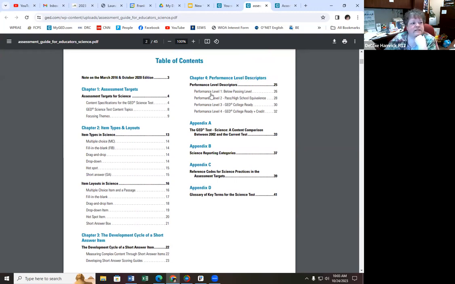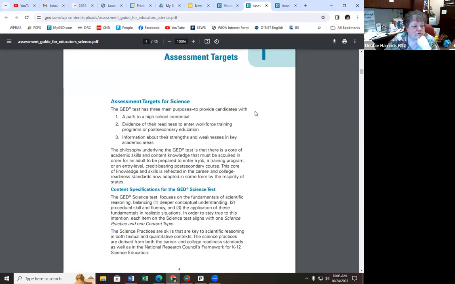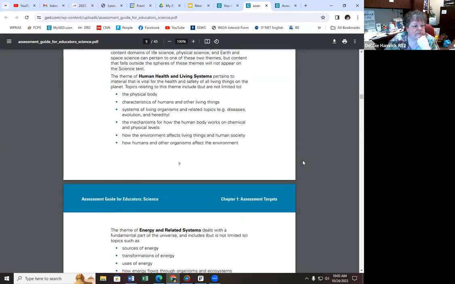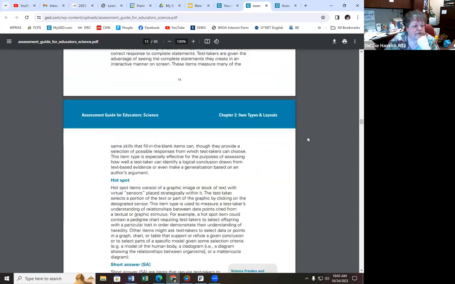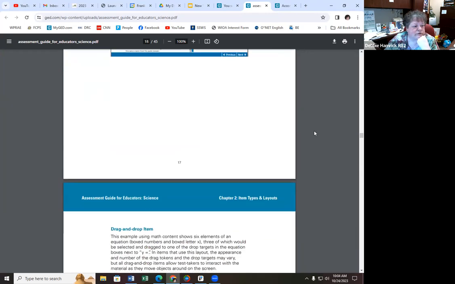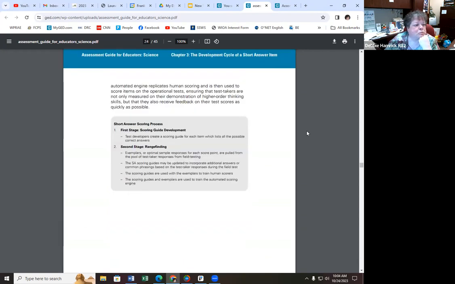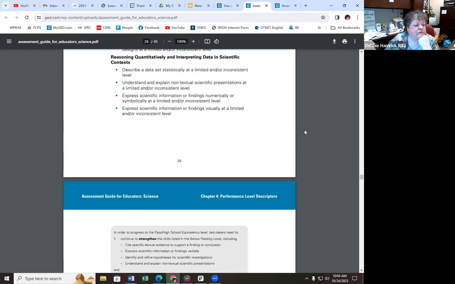Then there's this section, and this is in each of the resources per subject. It talks about performance level 1, performance level 2, performance level 3, and performance level 4. So it tells you what you need to get to this level, but you also need to know this to get to the next level. So let me scroll down to page 26. Give me just a second to find it for you. Page 24, 26.